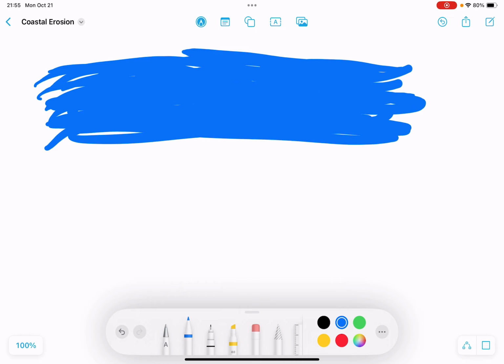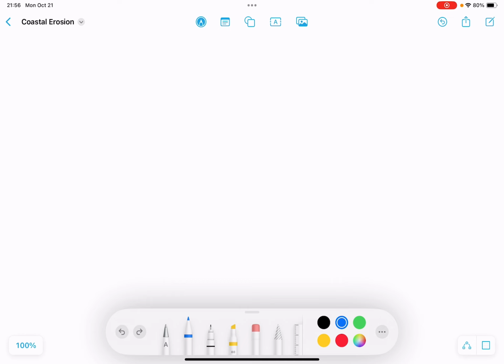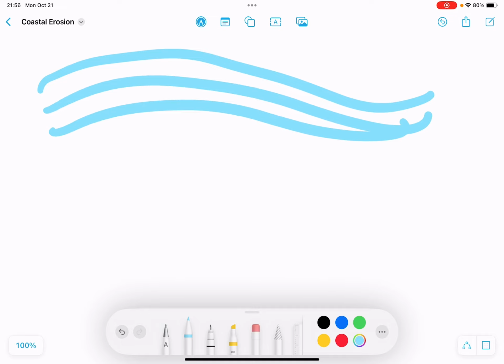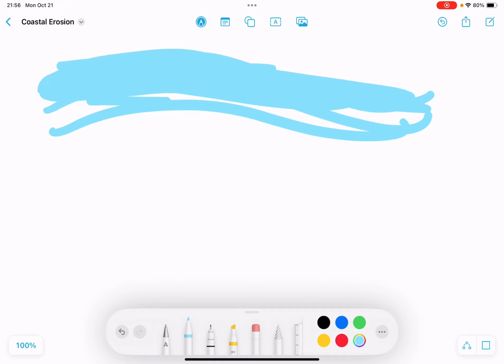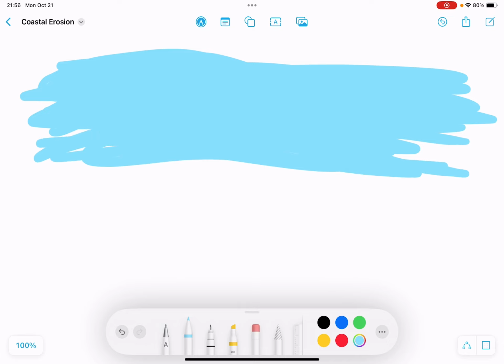So we have the coastline here. Actually, I think this color is a bit too dark. Let me make it light blue so we can actually draw rocks through this and see through it. Okay, so I'm trying my very best to fill this page up pretty quickly. I'll just fill half a page up.